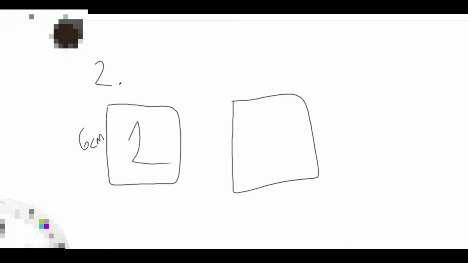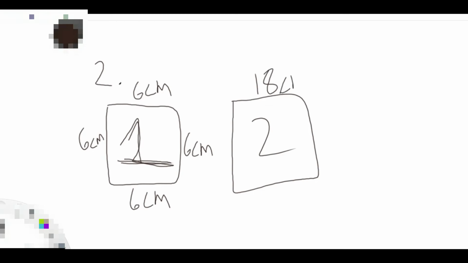All the sides of a square are equal, so each side of square 1 is 6 centimeters. And let's say each side of square 2 is 18 centimeters.